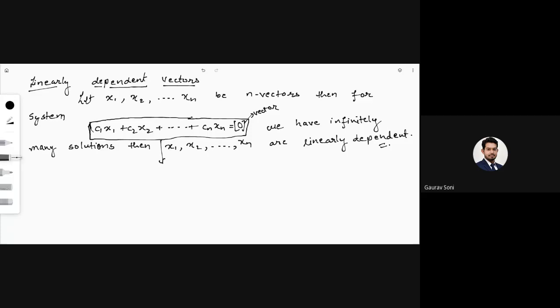Okay, so if the system has infinitely many solutions, then the vectors are linearly dependent.